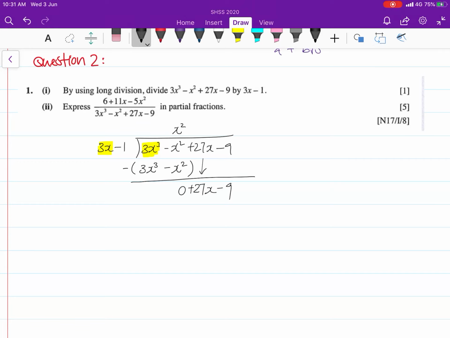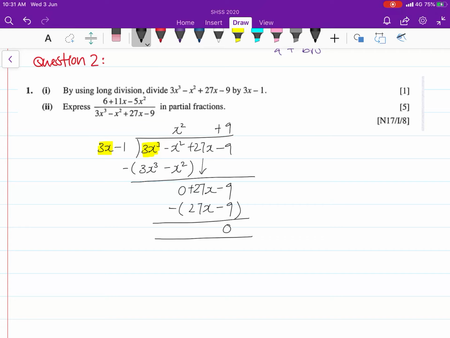minus 9. Now how to get 27x minus 9 from 3x minus 1? I multiply by 9. So it's x squared plus 9. 9 times 3x is 27x. 9 times negative 1 is minus 9. I'll get 0.